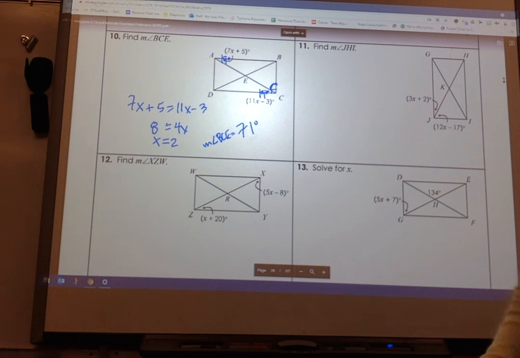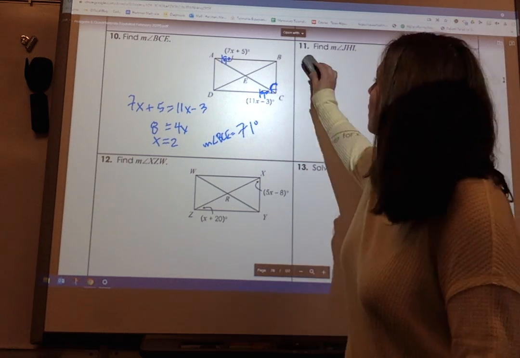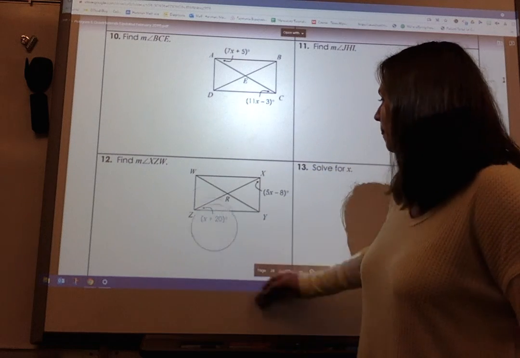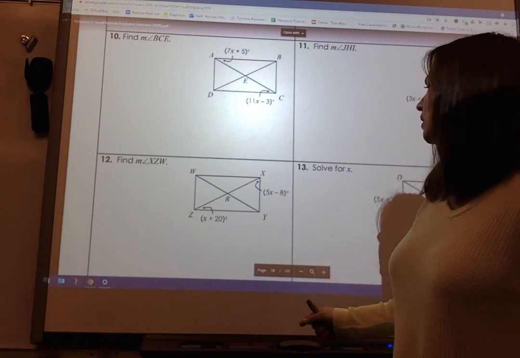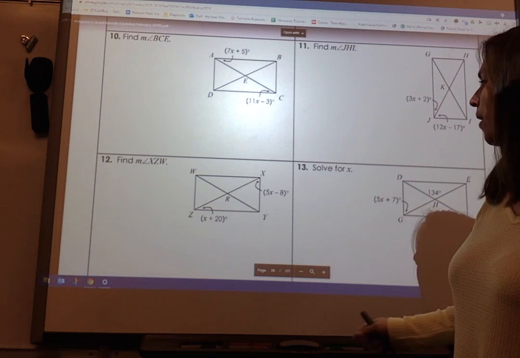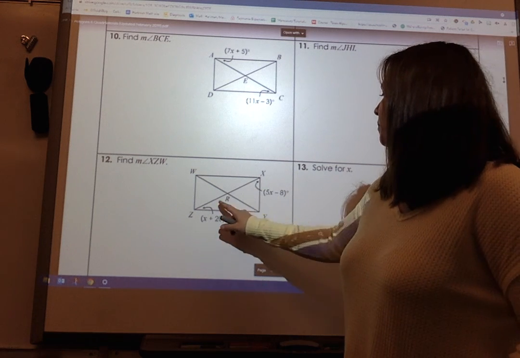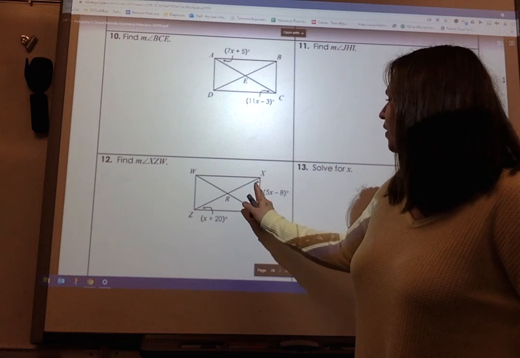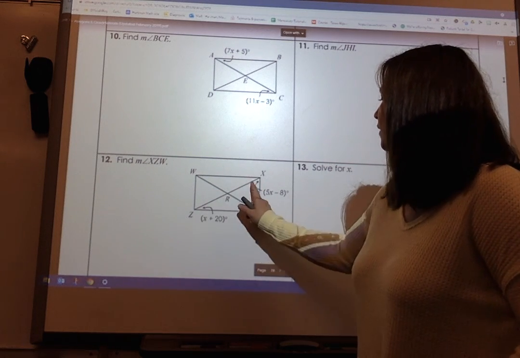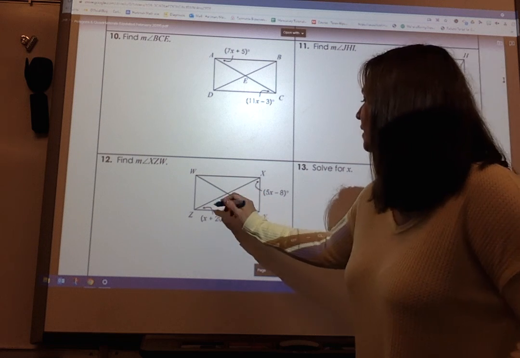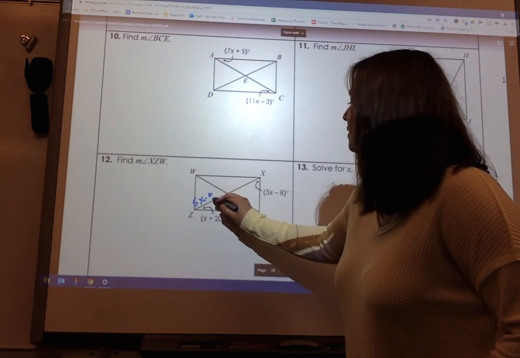Okay, let's take a look at the one below that. So, what do we know about these guys? Well, there's not a relationship here, but I do know that these guys are alternate interior. So if this is 5x minus 8, this is 5x minus 8.